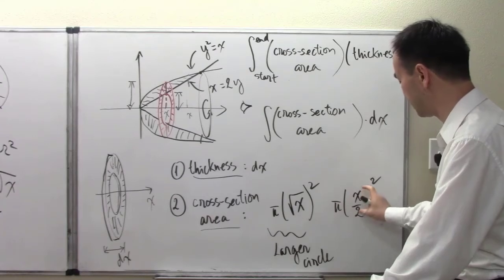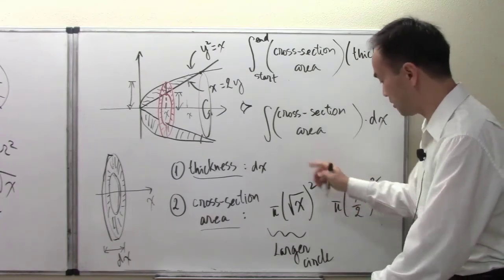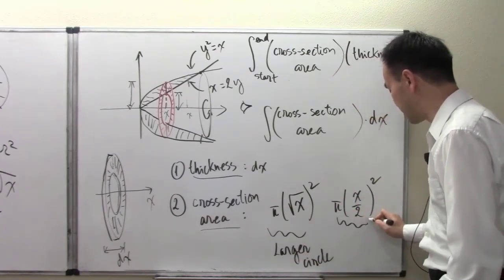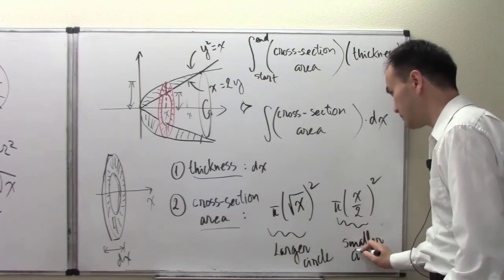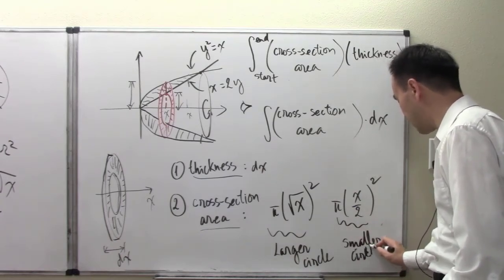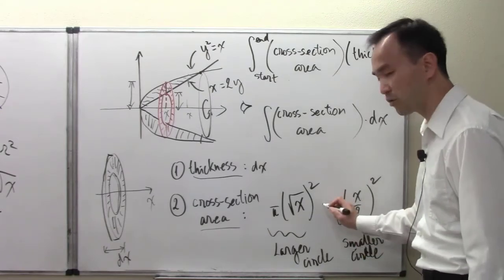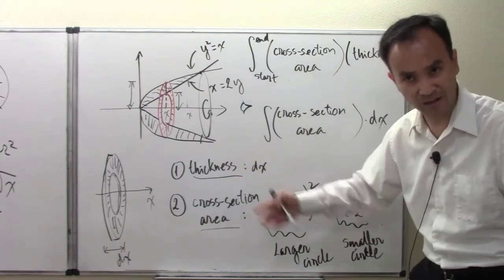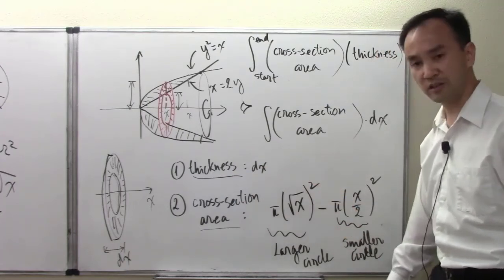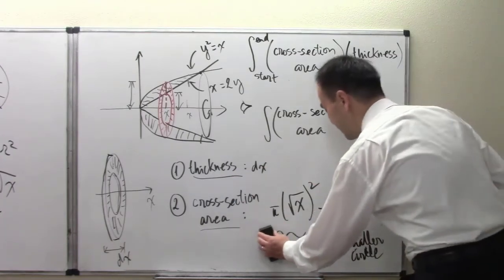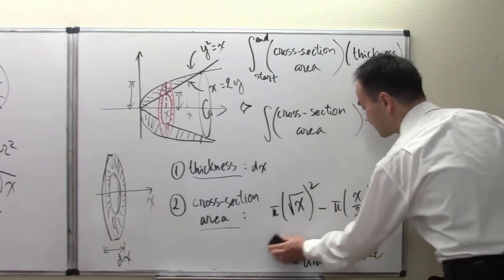So pi times little radius squared. So larger circle and smaller circle, and by the rule I explained earlier, in just the way the picture looks, the larger circle area minus the smaller circle area. All right, so now we have that formulation.